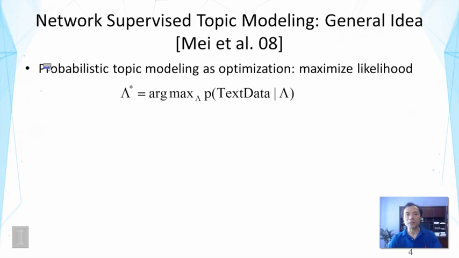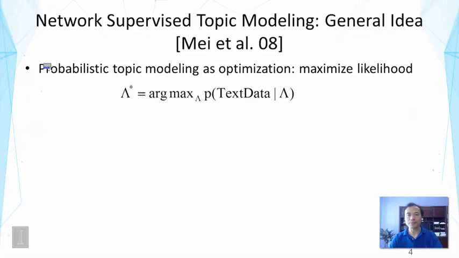But in general, in this part of the course, we don't have enough time to cover these frontier topics in detail, but we provide references that would allow you to read more about the topic, to know the details. But it should still be useful to know the general ideas and to know what they can do, to know when you might be able to use them. So the general idea of network supervised topic modeling is the following.